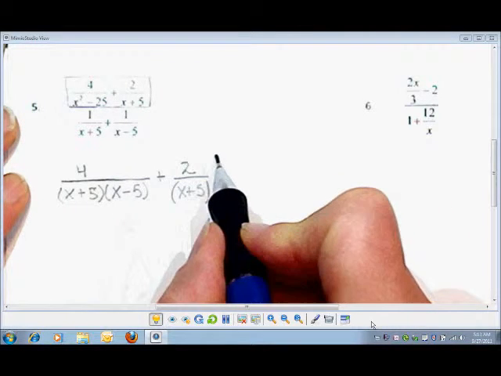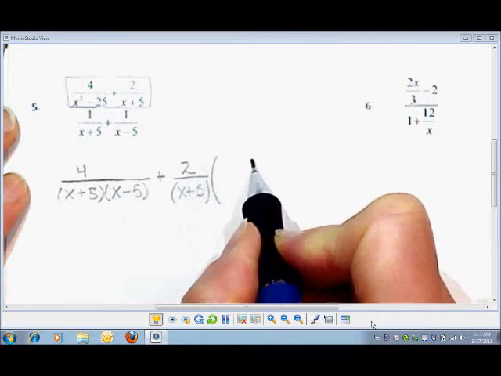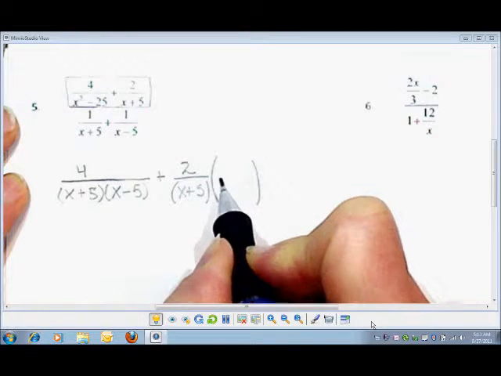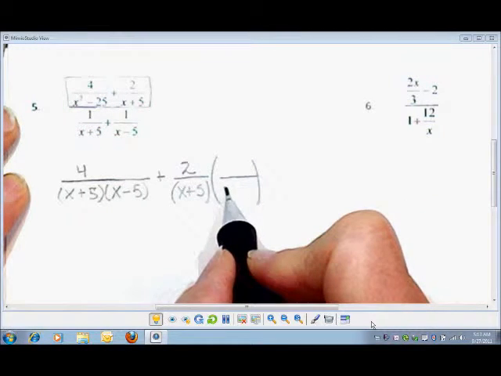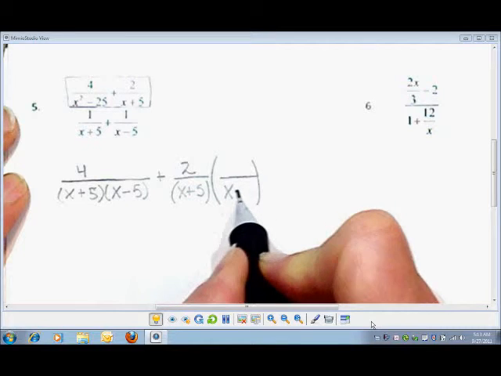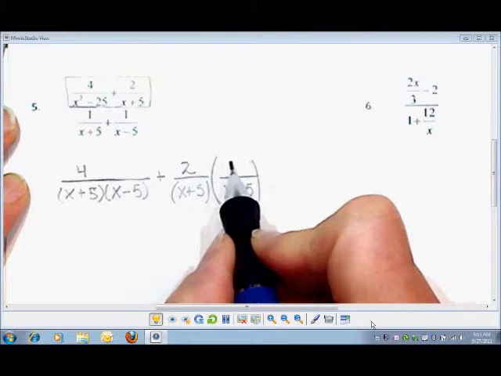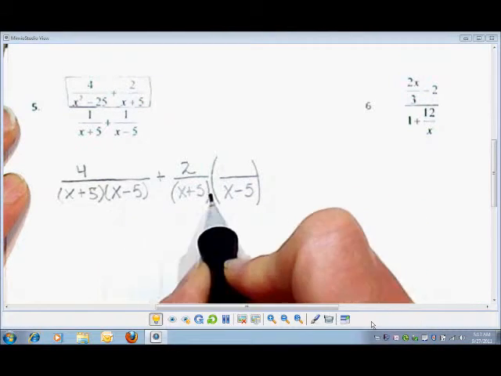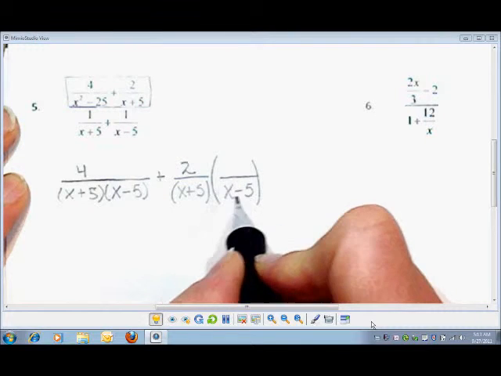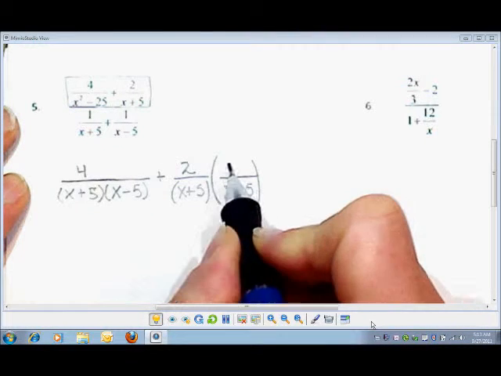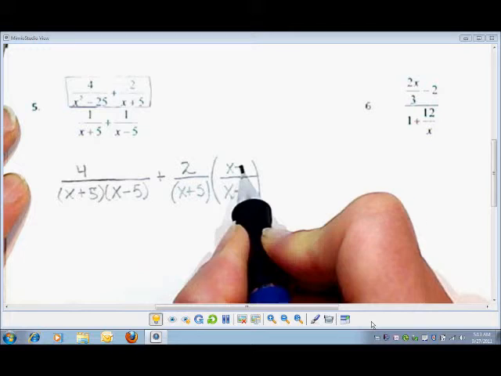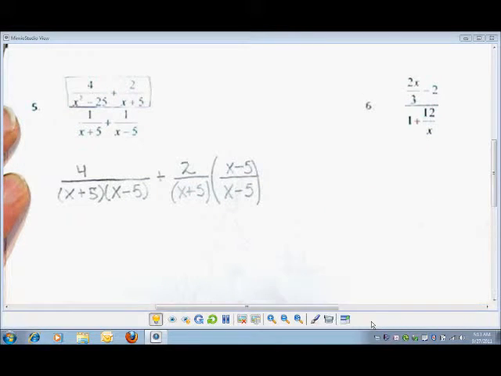So I have to multiply this fraction by the number 1, which means my denominator needs to be the exact same on both. So when I multiply by 1, x minus 5 is in the bottom, and x minus 5 is in the top.